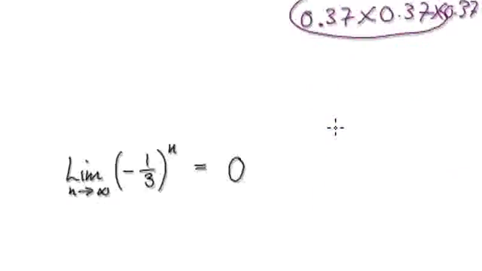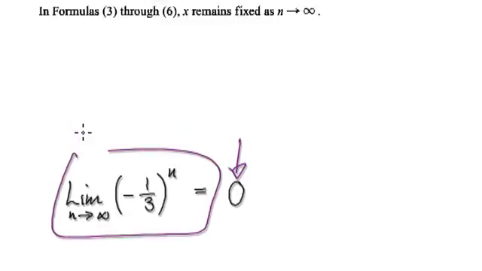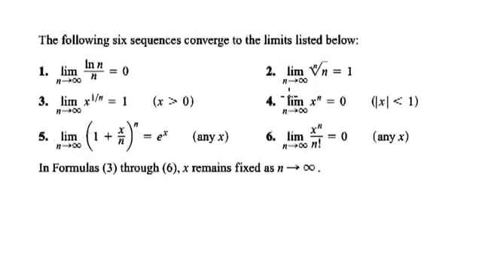So this here, you can see this is smaller than 1, even though this is a negative. But if you keep on multiplying by itself, it's just going to get smaller and smaller, because this is less than 1. So eventually it's going to head towards 0. So here you would make use of number 4. Okay.